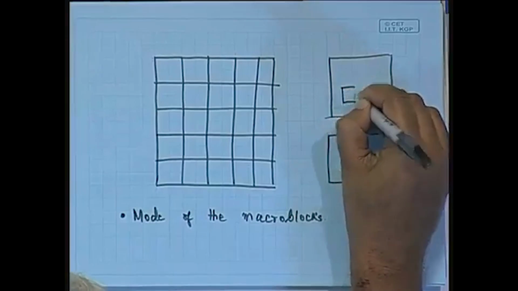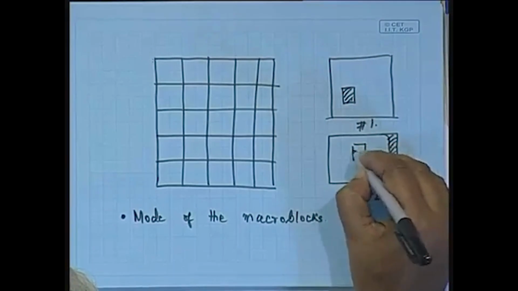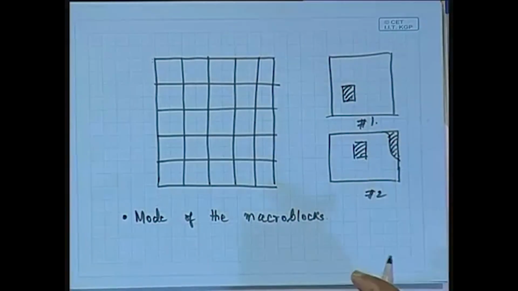So, what if we try to do it as simple inter frame coding, taking frame 1 as reference, doing the motion estimation? Well, for those areas where the object was visible in frame number 1 and in frame number 2 it is displaced to some extent, for those parts of the image you do not have any problem in finding the motion vector.